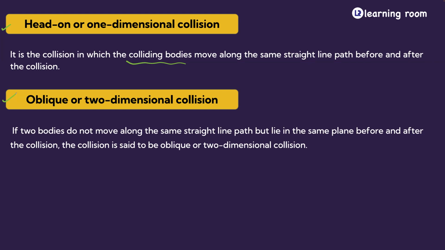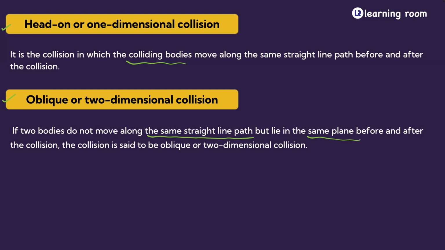So initially they met along one dimension. After that, they are moving along two dimensions. So what is going to happen here is, if two bodies do not move along the same straight line path, but they lie in the same plane, plane means two dimension, before and after the collision, then the collision is said to be oblique or two dimensional. Oblique means it is making some angle. That is the meaning. Okay.